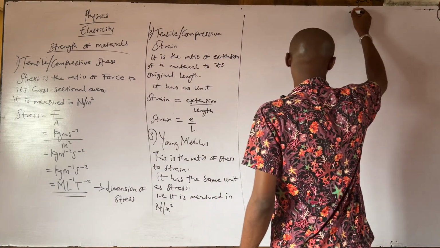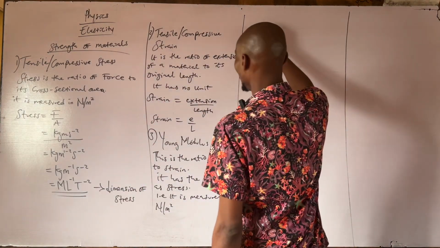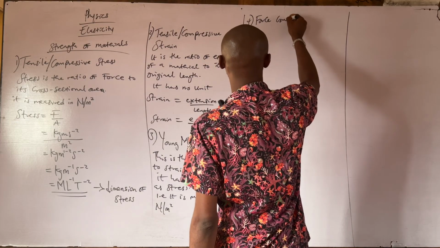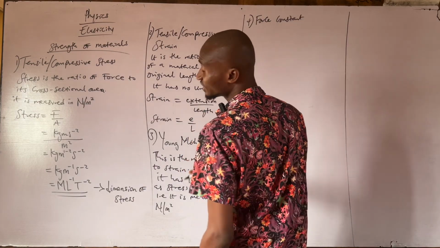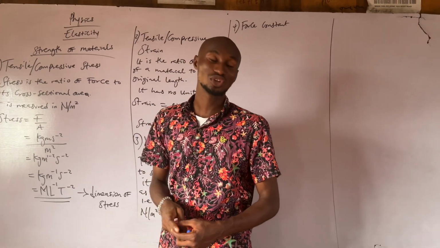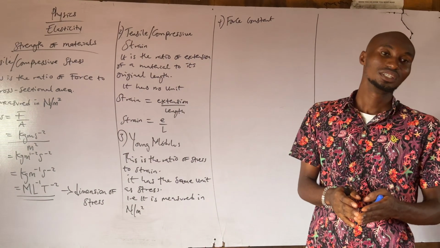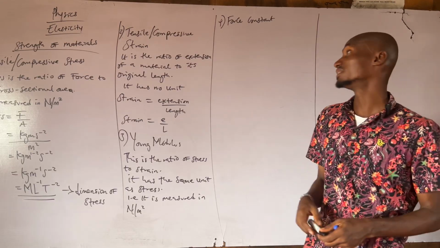Force constant. Number 4. Force constant. What is force constant? Force constant is the amount of force that causes a unit extension of a material.